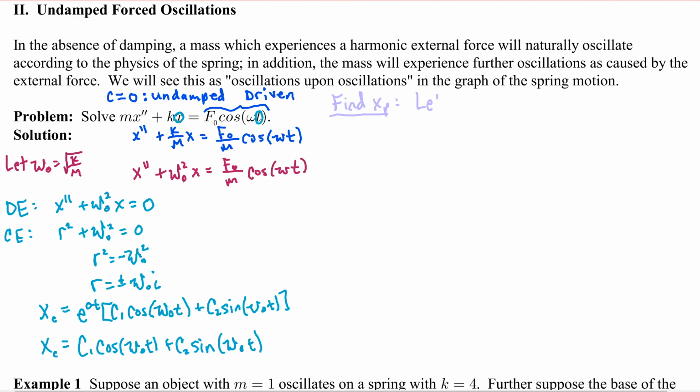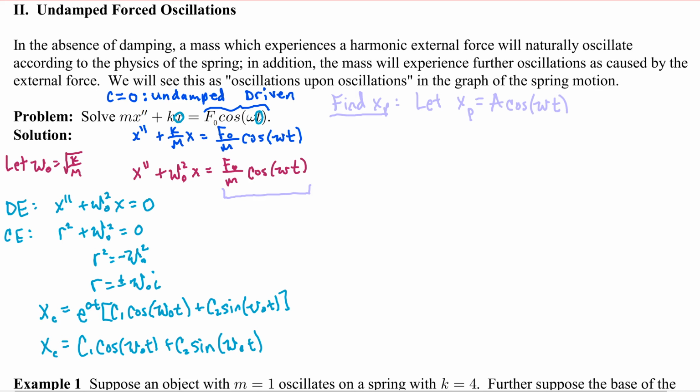And if you'll recall, we'll make an assumption for x sub p based on the nature of our non-homogeneous term. So we have a constant times cosine of omega t. So we're going to let x sub p equal a constant times cosine of the same multiple of t.